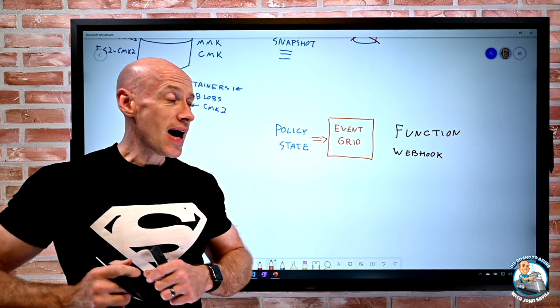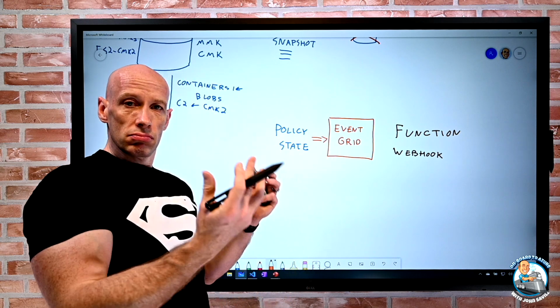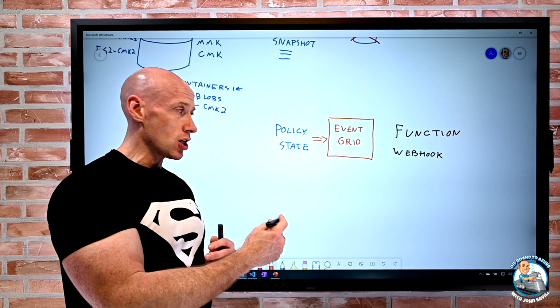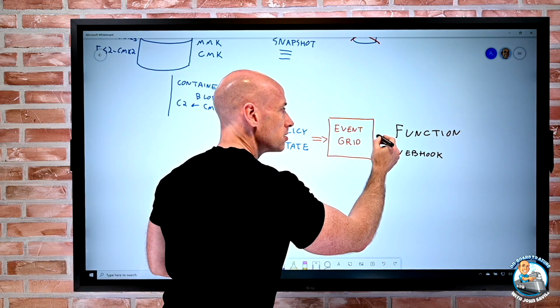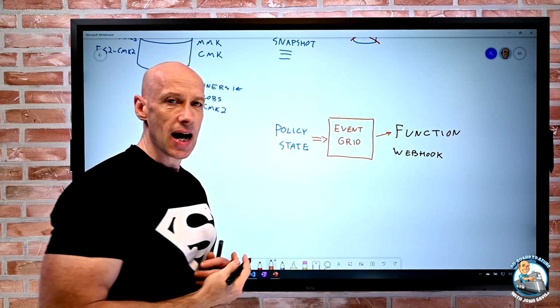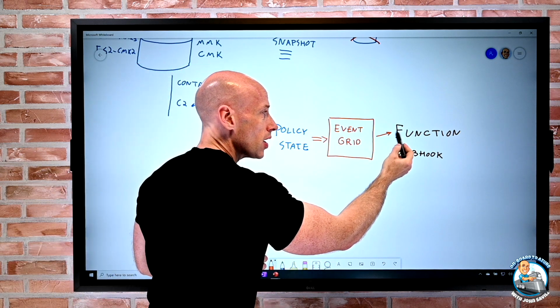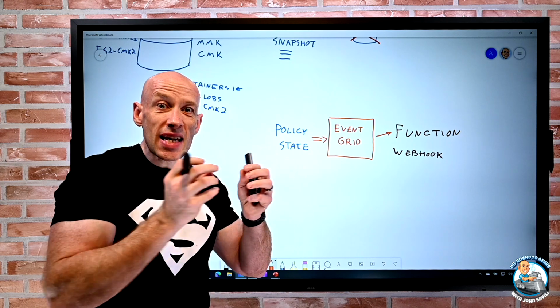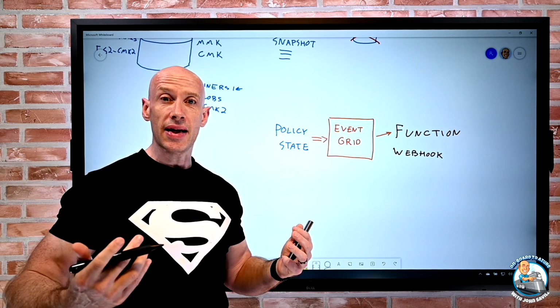And then I can configure, hey, if there is something happening in this resource group about policy state change, I want you to go and trigger this particular Azure function. And I can do kind of advanced filters on this to say, well, actually I only care about this particular subset of stuff happening there.